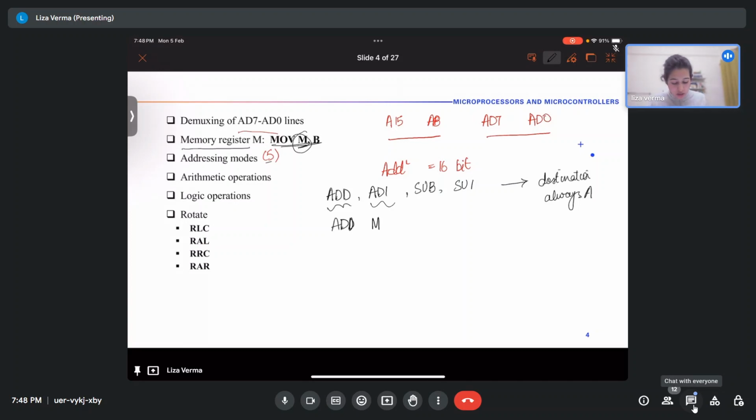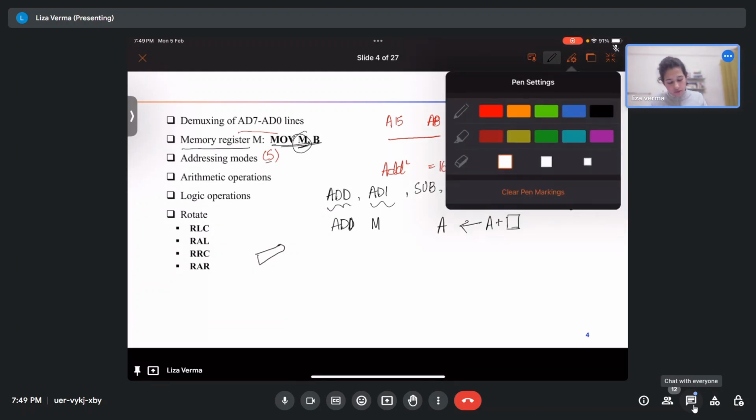Let's say M points to some location, and the microprocessor will fetch the data from that location and add it to A. The result will be stored in the accumulator. Similar for SUB M also. So these are the arithmetic operations.